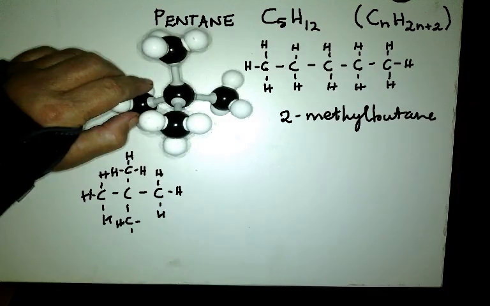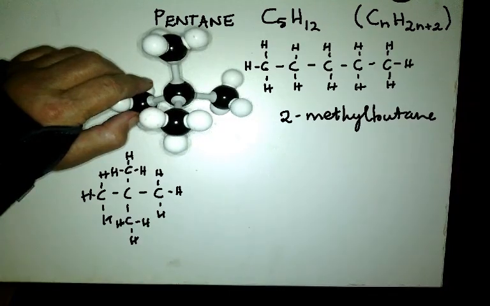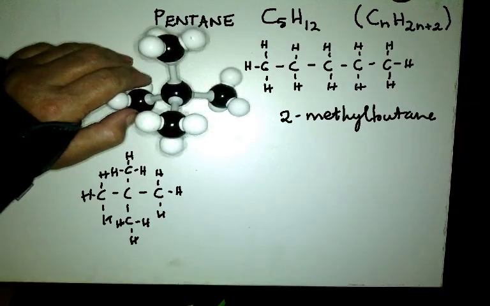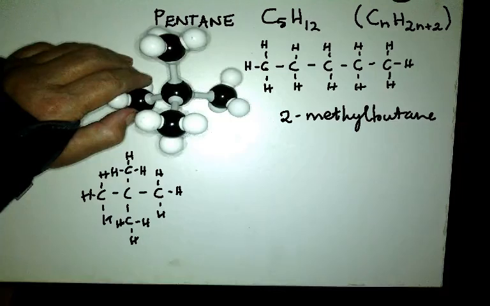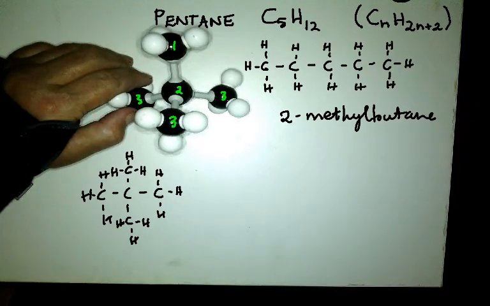So this one, you see, has 1, 2, 3 carbons in the longest chain. We can number these carbon atoms from any place: 1, 2, 3, or 1, 2, 3. It doesn't matter how we count these carbons, there will only be 3 consecutive carbons in a row.